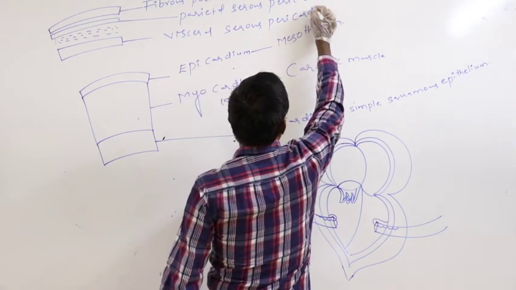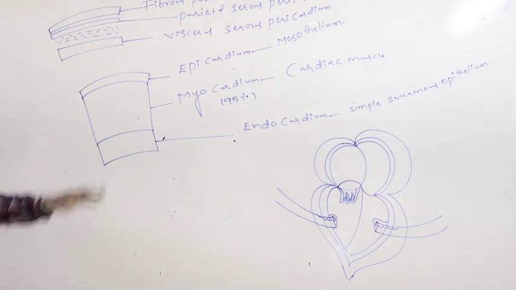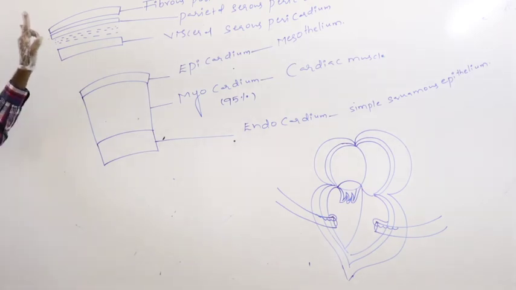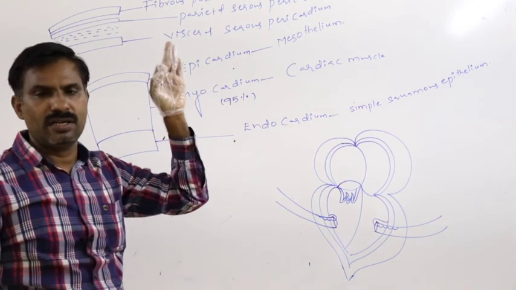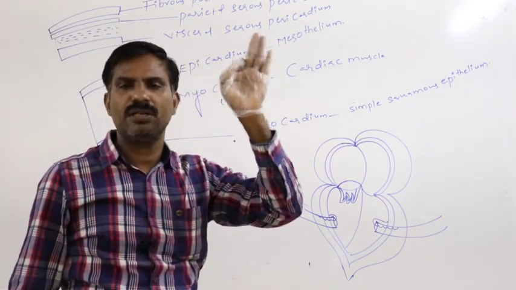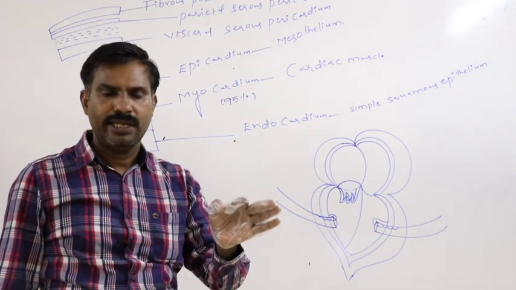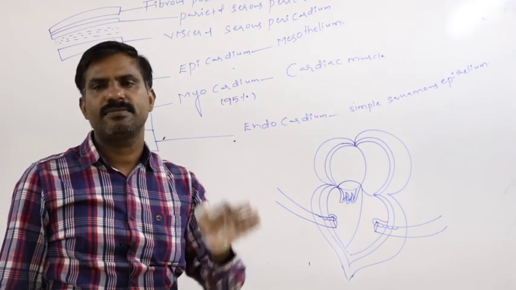Serous pericardium means including pericardium. What are the layers which are present in a sequence from outer to inner in the heart of the person, including pericardial layers?